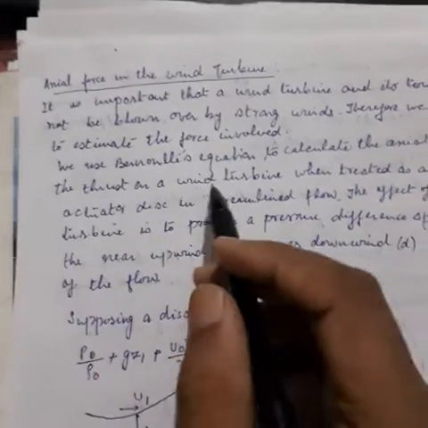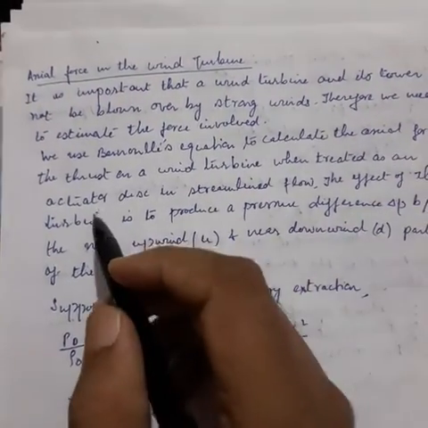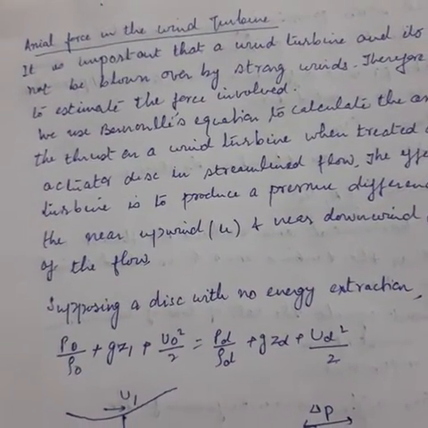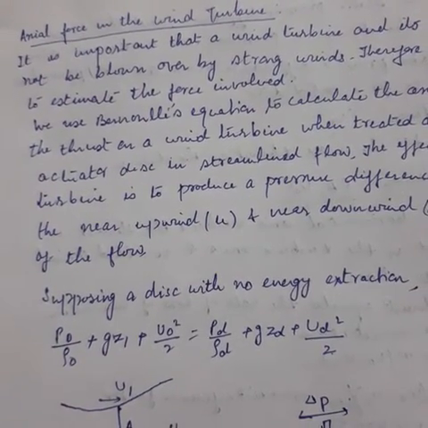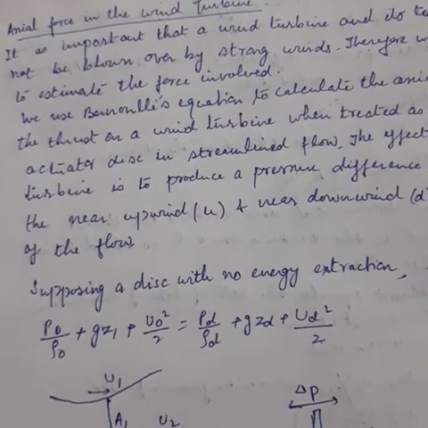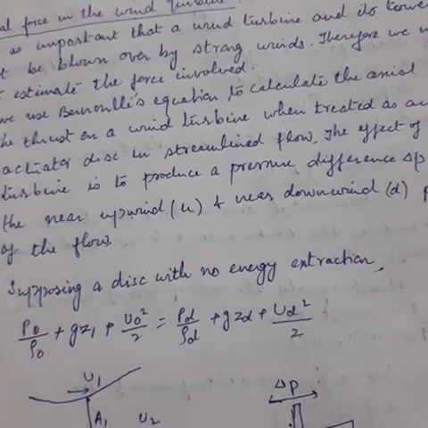We use Bernoulli's equation to calculate the axial force. The maximum value of the force is transferred to the surface of the blade when the force from the wind is of very high intensity.